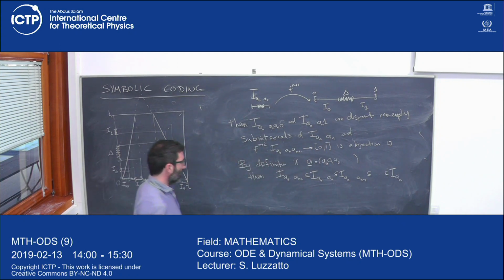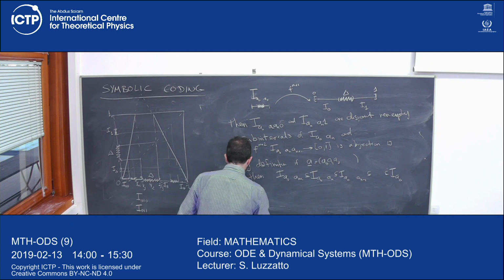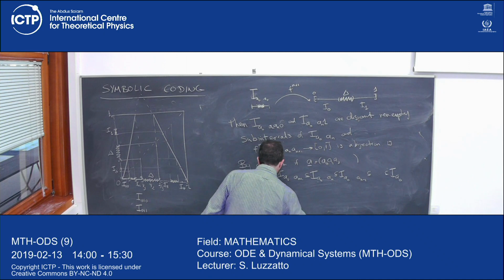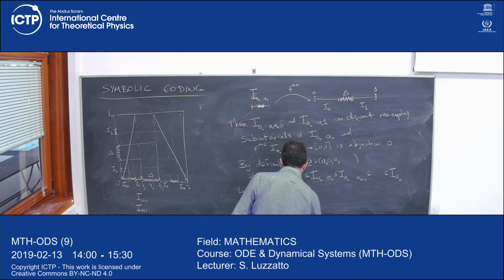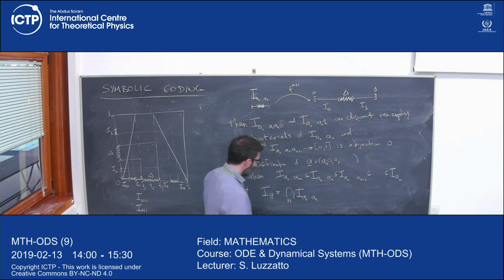So we can take the intersection: let I of a bar equal the intersection over all n of I_{a0...an}.